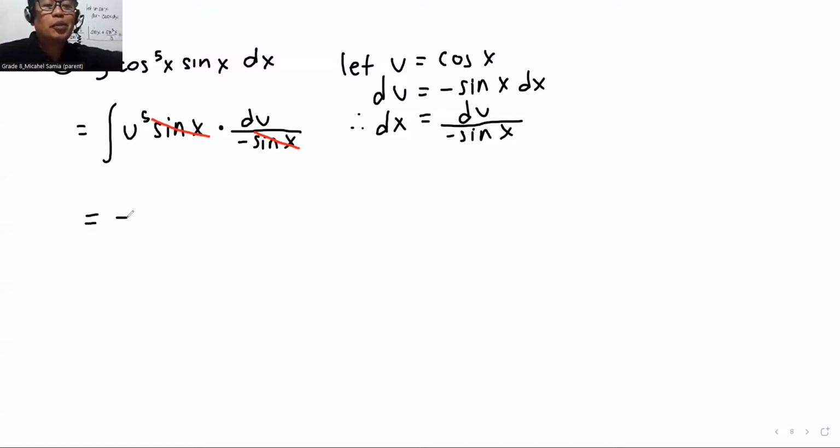The reason why we didn't split cosine to the fifth x is because there's already a sine multiplied by cosine to the fifth. So you did not split the cosine to the fifth.